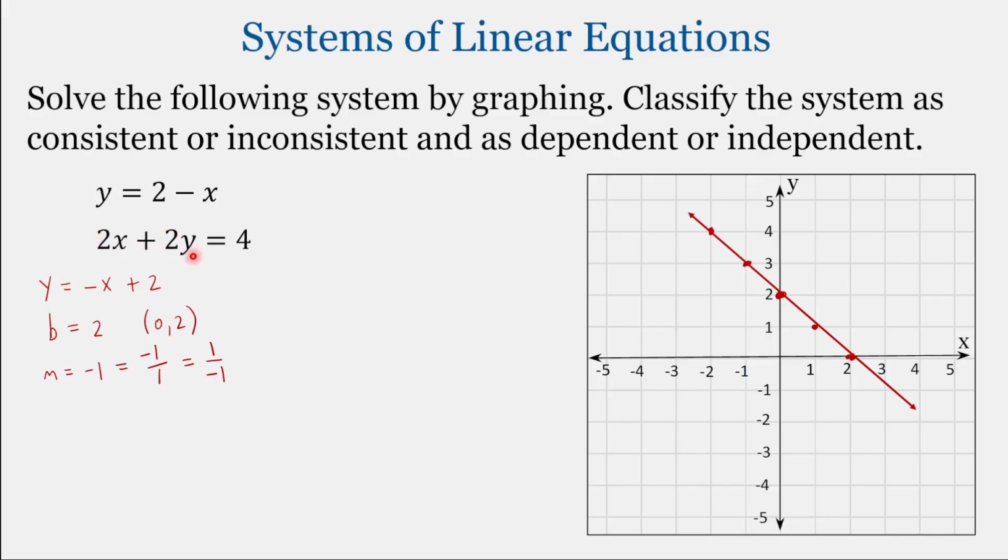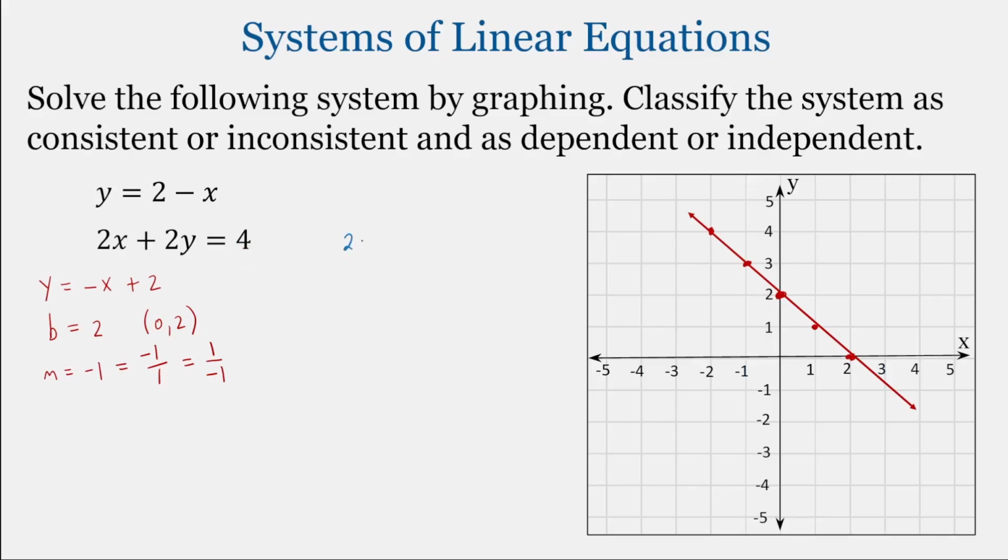Another way is to find where this line crosses both the x and y axes. I will typically use this method if I notice that this constant by itself, here the number 4, is divisible by both of the coefficients.